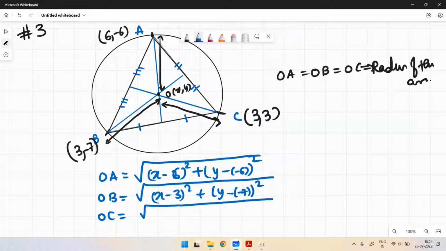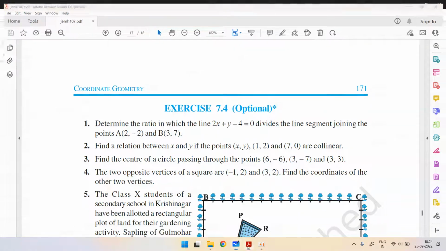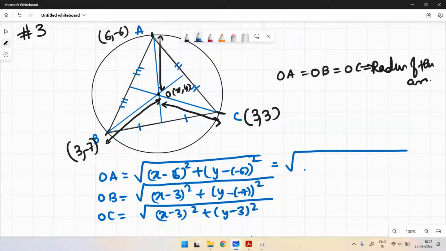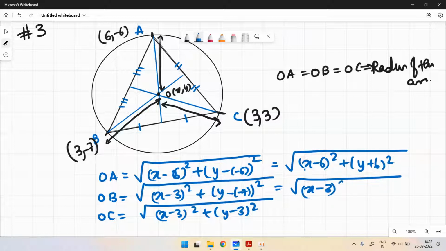Similarly OC will be the square root of (x minus 3) square plus (y minus 3) square. Now all three will be equal. So equating OA equals OB, simplified, this is (y plus 6) square and (x minus 3) square plus (y plus 7) square.